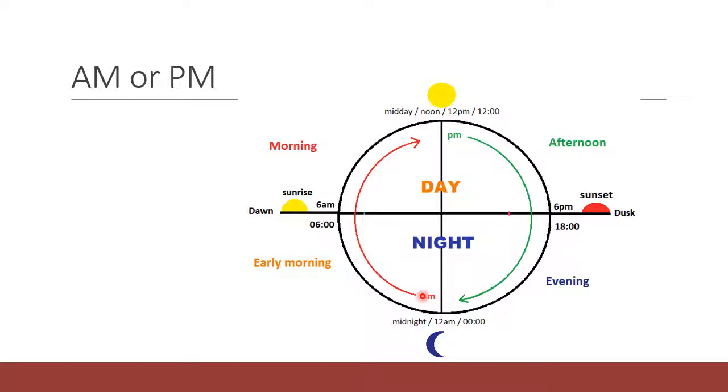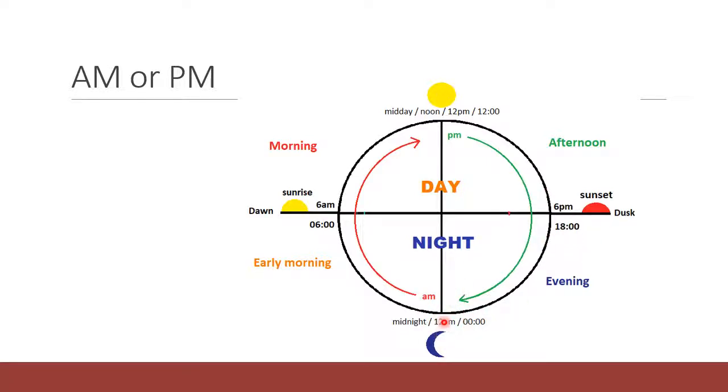So we can have early morning if we're talking about the time before 6 a.m. We talk about morning from 6 a.m. until midday. We talk about afternoon from midday until 6 p.m. That is when the evening starts. And then we talk about evening from 6 p.m. to midnight.